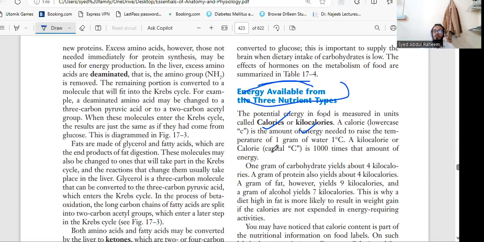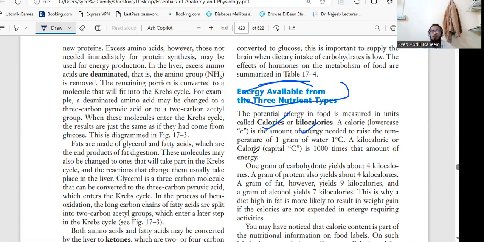So to utilize the energy, whatever energy is there, we have to utilize that. The amount of energy required for 1 degree Celsius temperature rise is defined as a calorie.